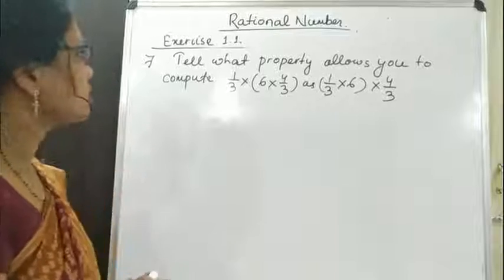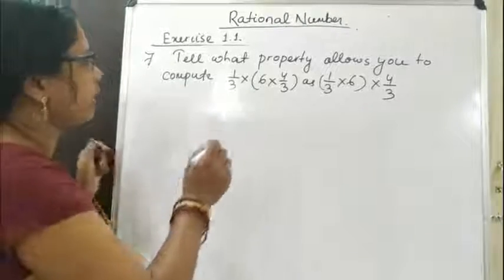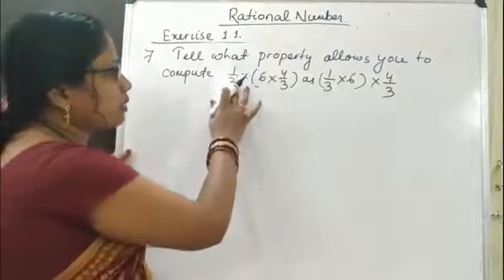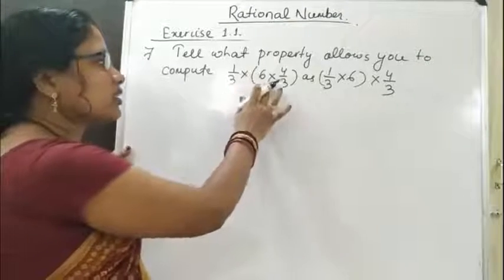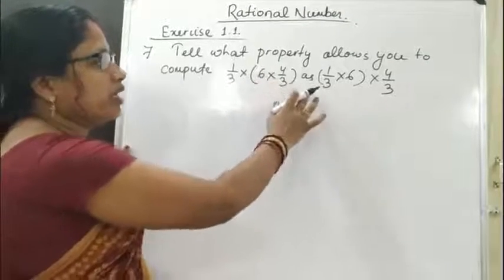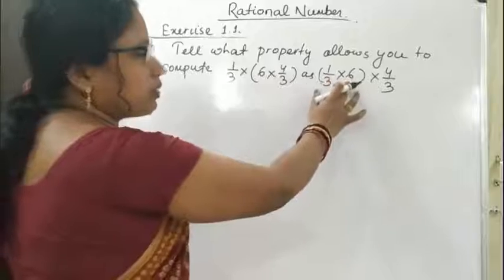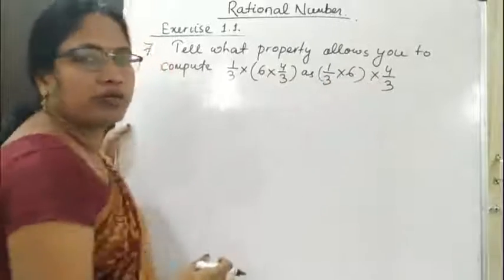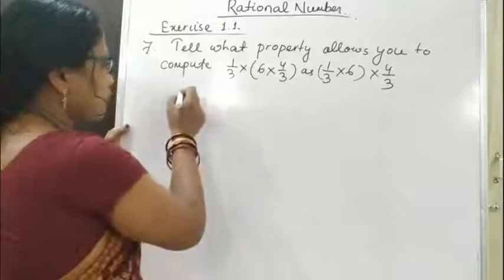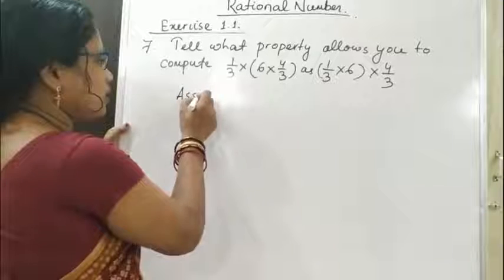Next question is, tell what property allows you to compute 1 by 3 multiplied with 6 multiplied with 4 by 3 as 1 by 3 multiplied with 6 whole multiplied with 4 by 3. So here the associative property is used.